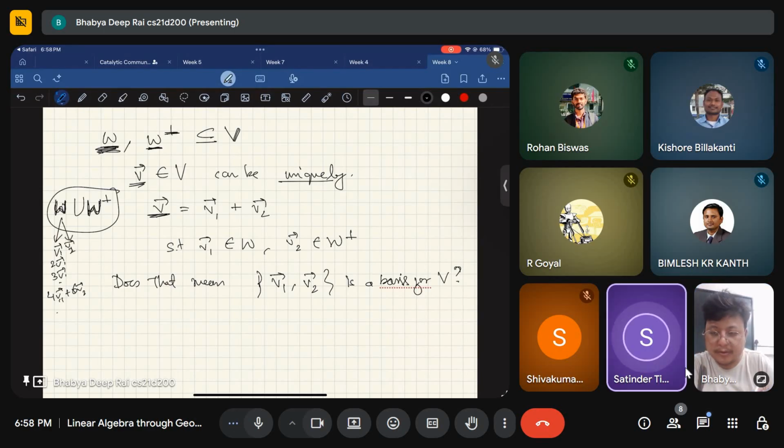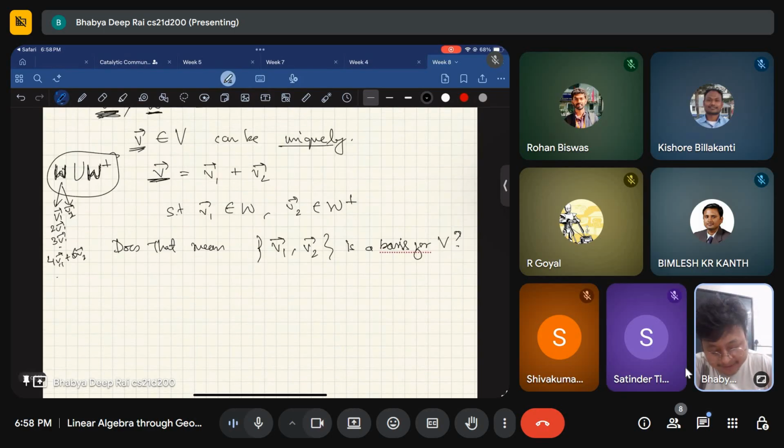You have represented the vector V as V1 and V2 now. So V1 belongs to the span of the basis of W. Yeah, I just want to clear this first, that when I do a union between W and W perp, they will not form a basis because they'll have so many linearly dependent vectors.